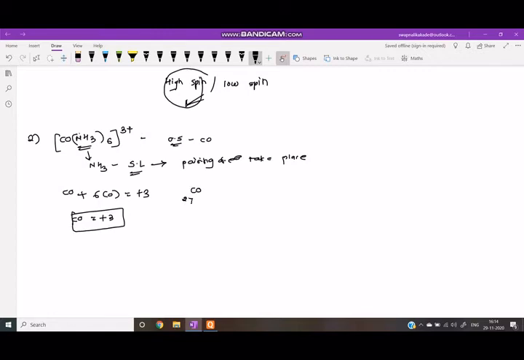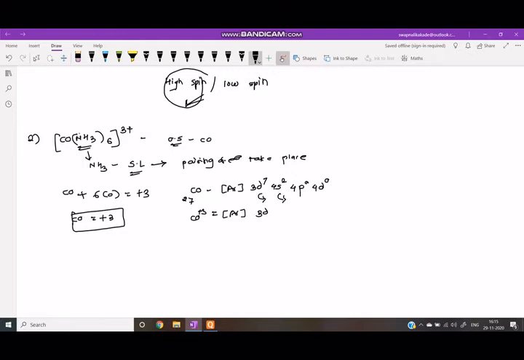The atomic number of cobalt is 27. The electronic configuration is argon 3d7 4s2 4p0 4d0. Here the oxidation state is +3. For cobalt +3, 2 electrons are removed from 4s and 1 electron is removed from the 3d orbital.